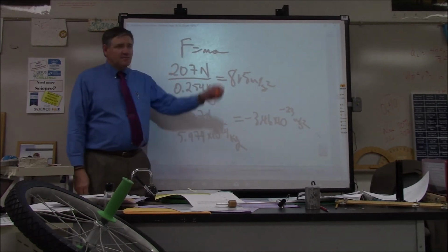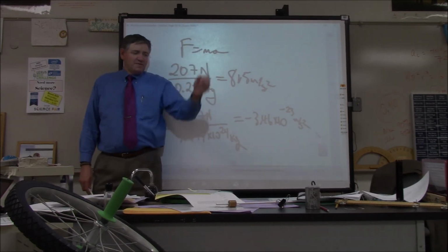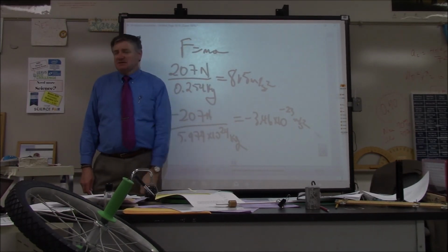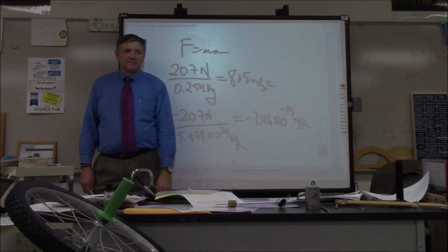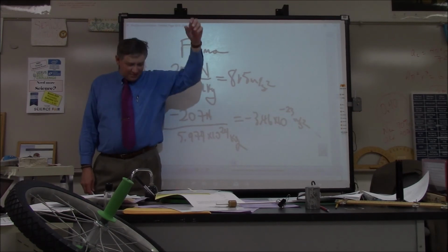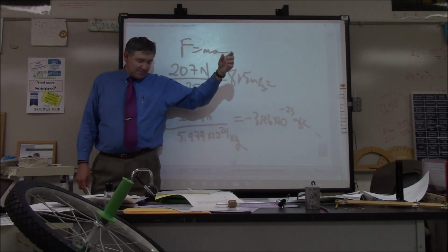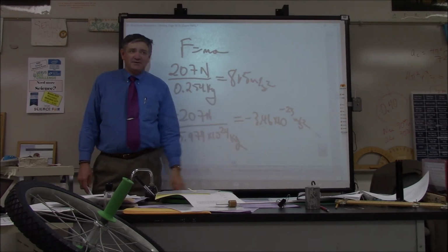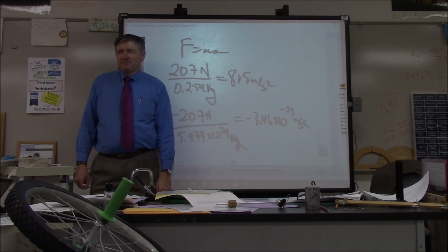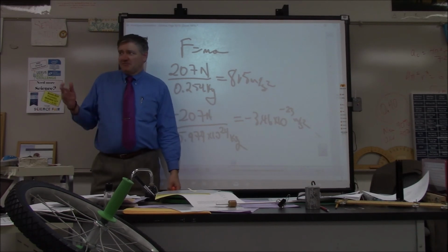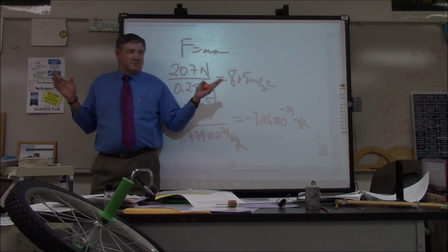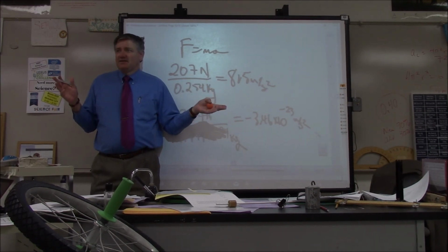Now, why don't we want the accelerations to be equal and opposite? Because Earth would fly off. Imagine that the Earth accelerated out from underneath us every time that I drop that ball at negative 815 meters per second squared. Imagine basketball season on a Friday night.